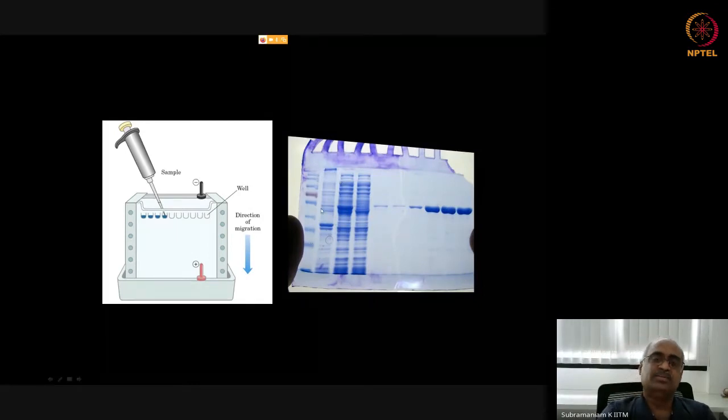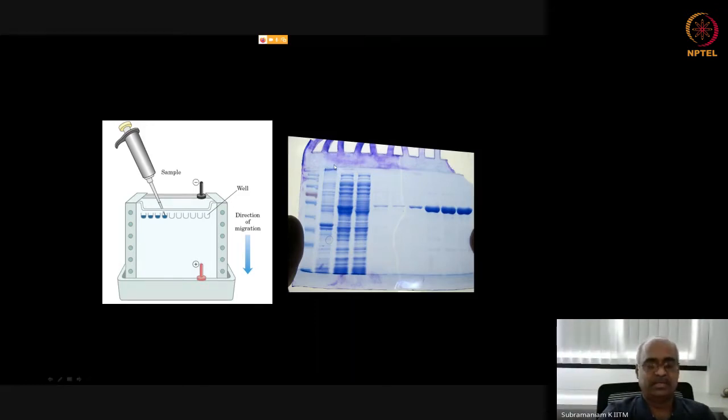Okay. So here, what I have done is I have lysed bacteria, the E. coli bacteria that we normally grow in the lab, and separated on the gel, and each protein appears as a band. And so this is stages of purification.